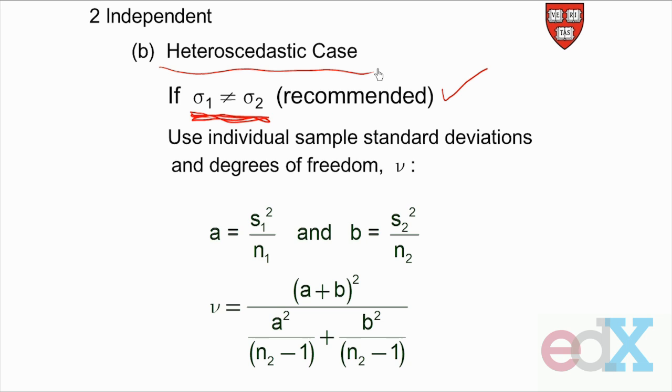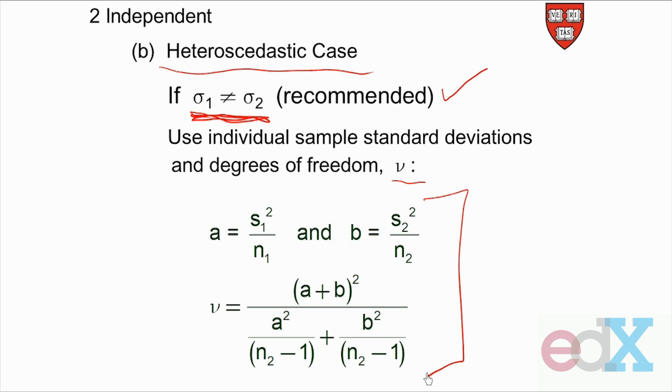The complication with the heteroscedastic case is that the degrees of freedom, call them nu, get to be a little bit more complex to calculate. But that shouldn't bother you, because you're not going to do these calculations anyway. Stata is going to do these calculations for us. But there's the formula, just to make you feel good. So the recommendation is just go with the heteroscedastic case.